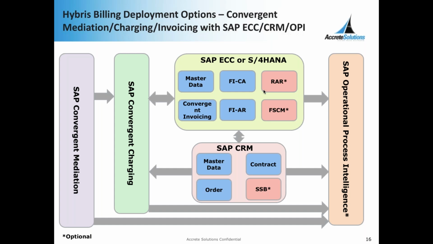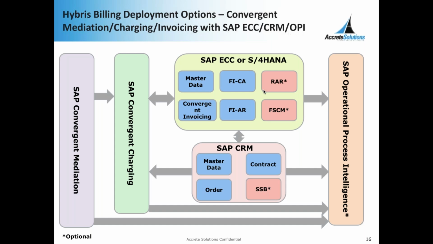And the order basically creates a contract for all the subscription items like the monthly billing or one-time activation fees or one-time charges. And then the data is replicated to SAP ECC and to convergent charging as well.